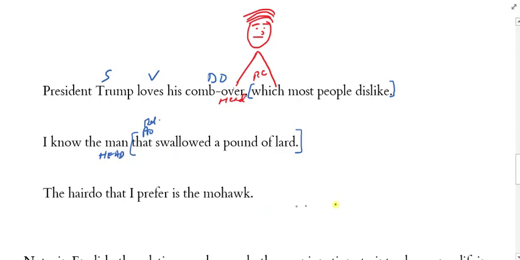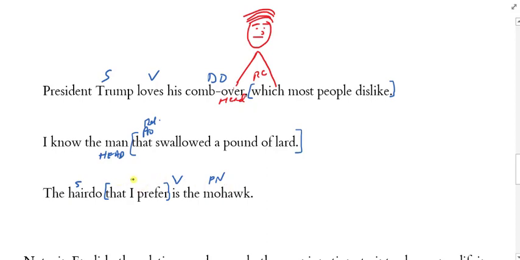And then, the hairdo that I prefer is the mohawk. What is the main clause? The hairdo is the mohawk. Subject, hairdo. Verb is a predicate nominative, the mohawk. What's the relative clause? That I prefer. Okay. What is it modifying?